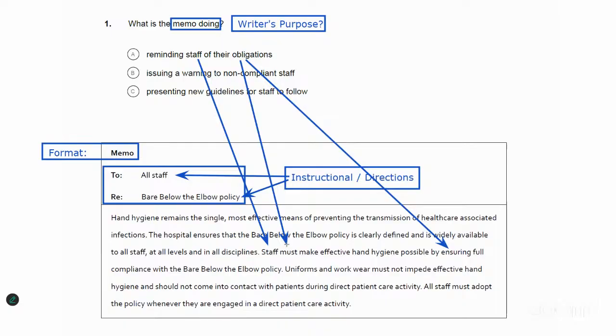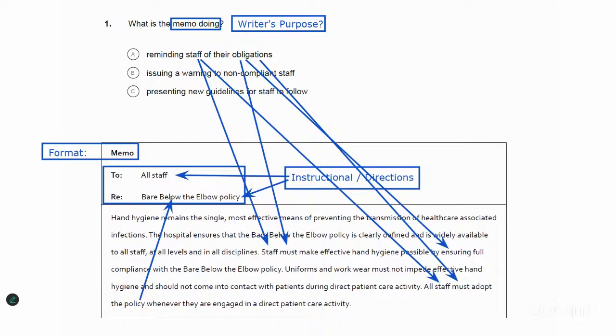The next, all staff must adopt the policy. Obligation, must adopt the policy. Which policy? Bare below the elbow policy. Try to understand this carefully.